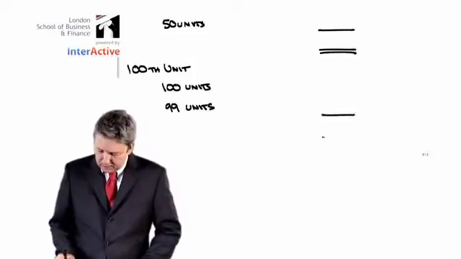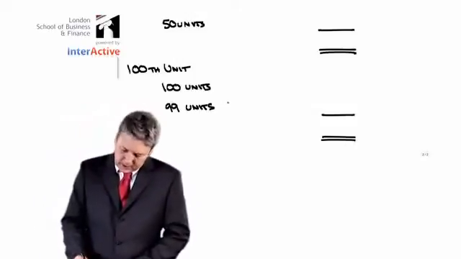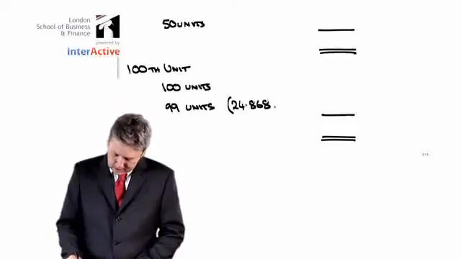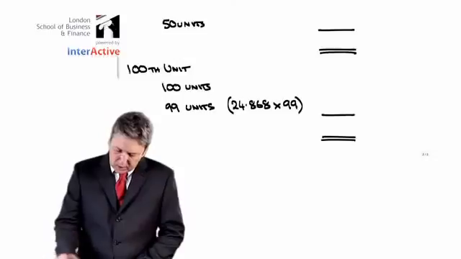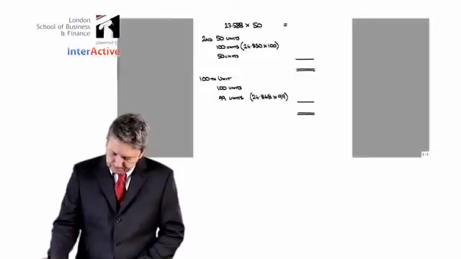We already have the value for the time taken for 100 units, but if we look at the 99 units, we know that each unit takes 24.868 hours, and there are 99 of them. So, that is the way we would go about it. Let's bring them all into closer focus.